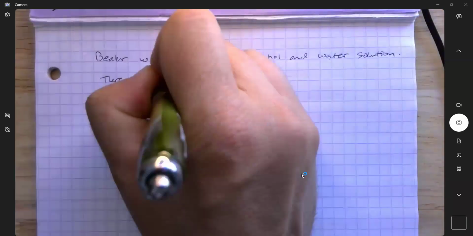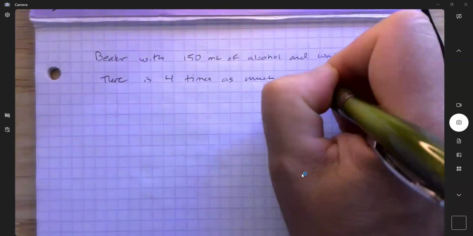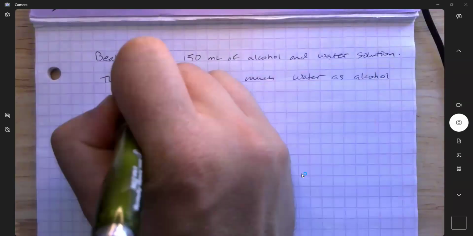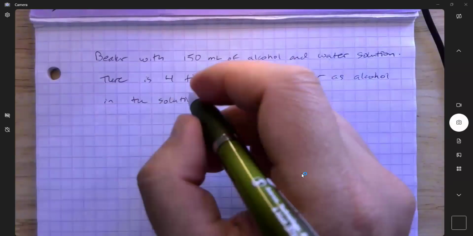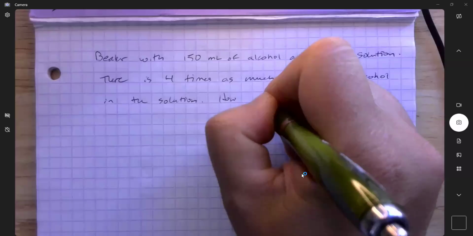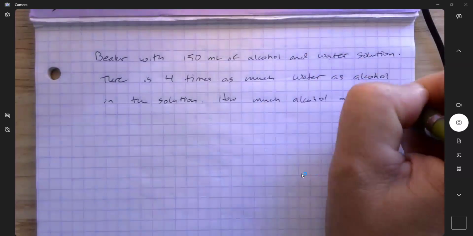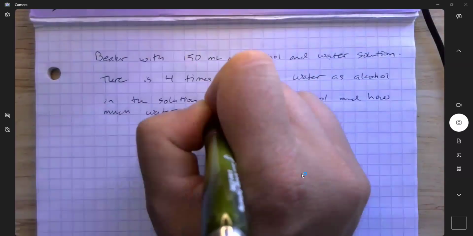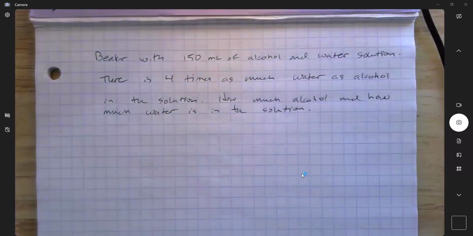There is 4 times as much water as alcohol in the solution. How much alcohol and how much water is in the solution?